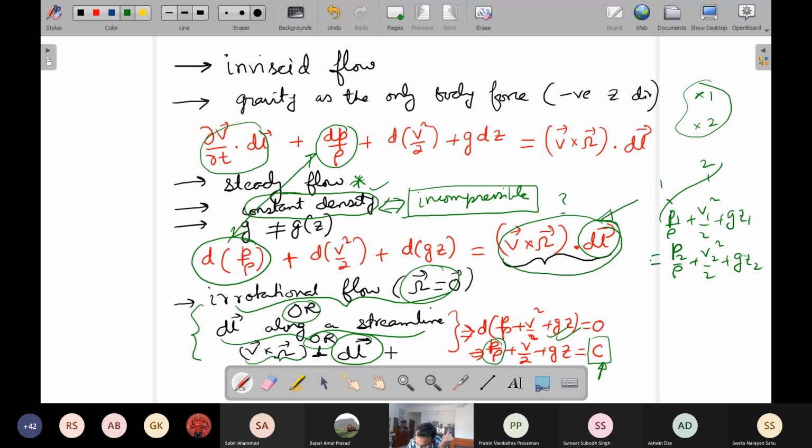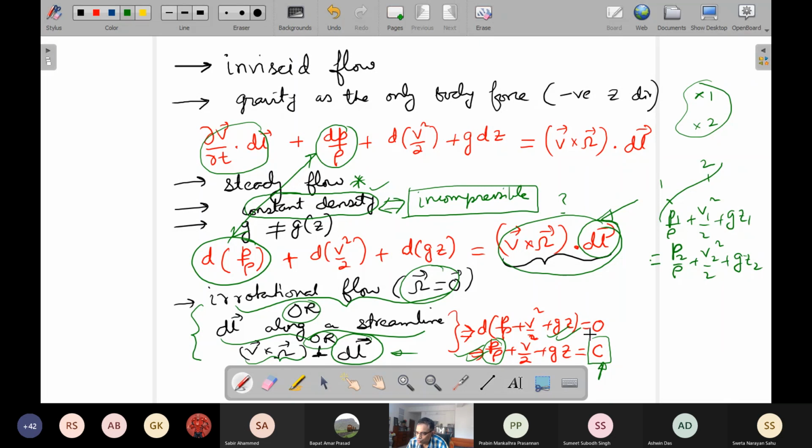That the third possibility is using this equation along a line or a direction which is not a streamline, but the direction will fulfill this requirement, that is V cross omega perpendicular to that direction. So if that holds, then this constant will be a constant along that line.